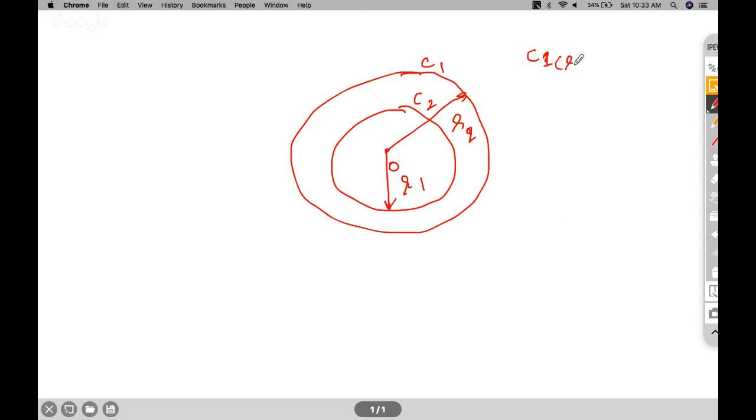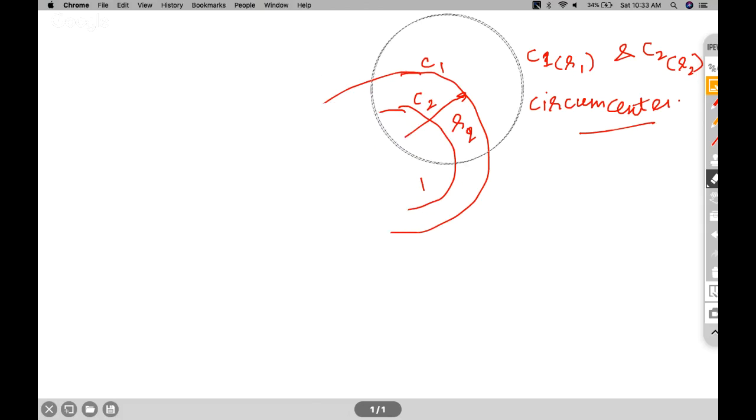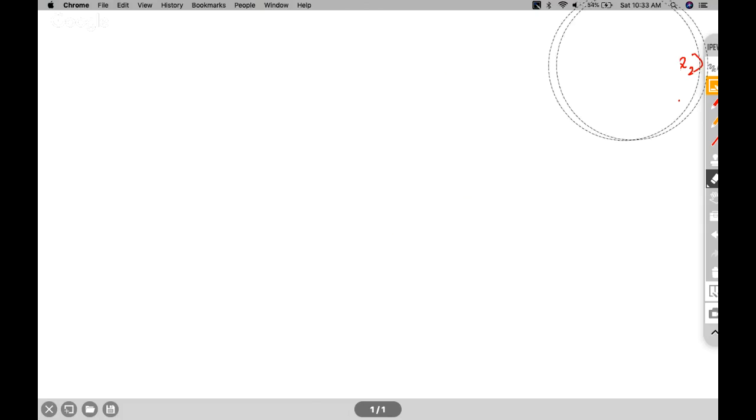Circle C1 which has radius R1 and circle C2 which has radius R2 would be known as concentric circles, because by property they are circles which have different radii but the same center. So wherever I am talking about concentric circles, you should have these concepts in mind.